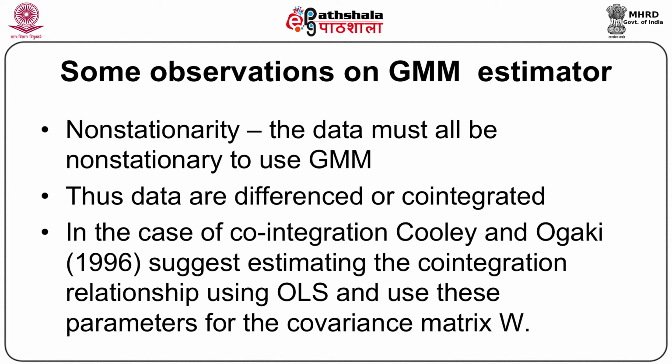In this lecture, we have discussed how to test for restrictions using the GMM criterion function. In order to achieve this test, you basically need to estimate the criterion function twice, first with restriction and without restriction, and then take the difference between the minimum value of the criterion function with and without restriction.